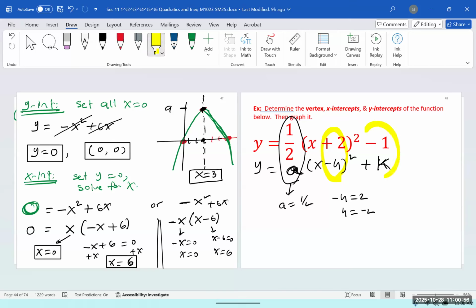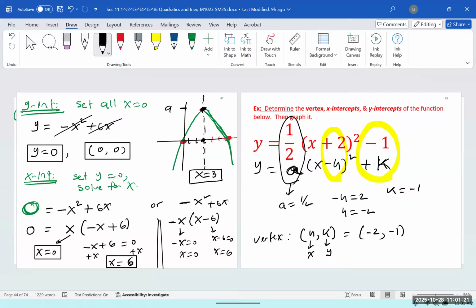The next information is here. k equals -1. So what's the vertex? It's (h, k), so (-2, -1). The vertex is h and k. h is the x value, k is the y value.